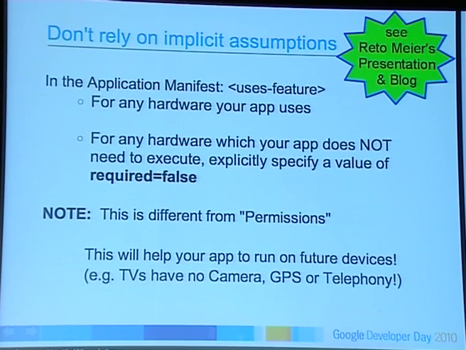If you want to write an application, say a Twitter client, which can take photos, but it's not really required for execution, you should specify required false. So in the future, when Google TV becomes available with Market, your application can actually run on those devices.